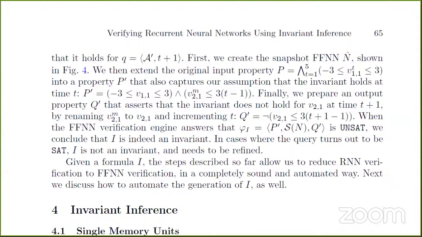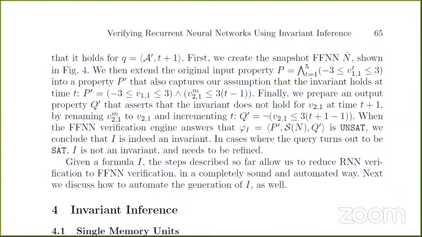This is captured by Q prime, where it says that at time instance t plus 1, V21 will not be less than or equal to 3 times t plus 1 minus 1. So t becomes t plus 1, this is the same expression, and you negate the property. You want to find out if it is possible to be in a state where the property holds, and then after one time instance from there, the property does not hold. Is it possible that this can happen?